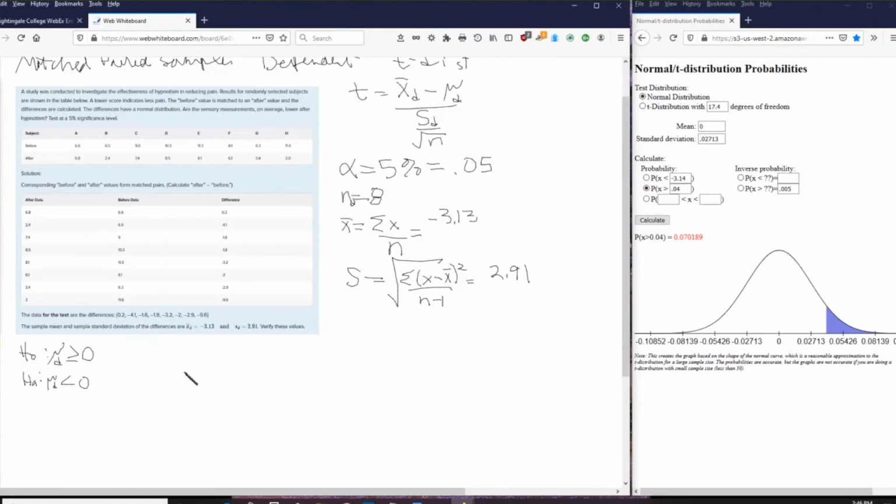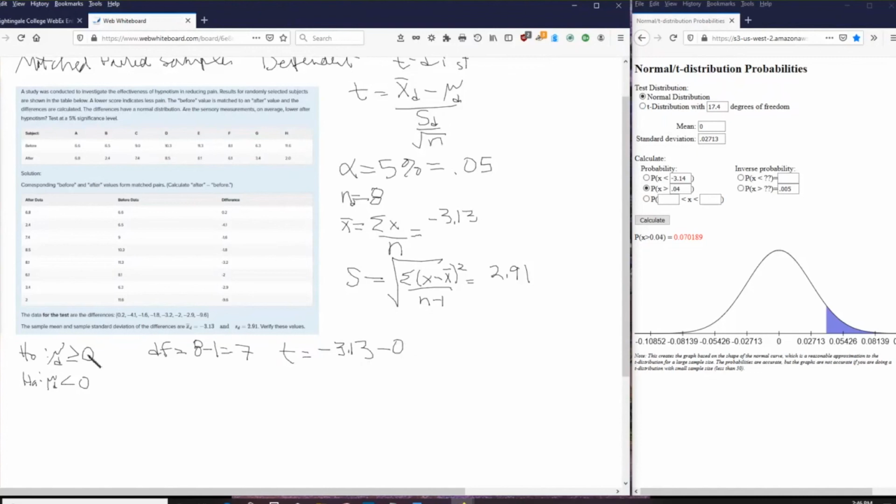We're going to use the student's t-distribution. So our degrees of freedom is going to be 8 minus 1, which equals 7. Then my t-score is going to be my mean of the differences, which is minus 3.13, minus the mean of the differences, which is going to be 0.